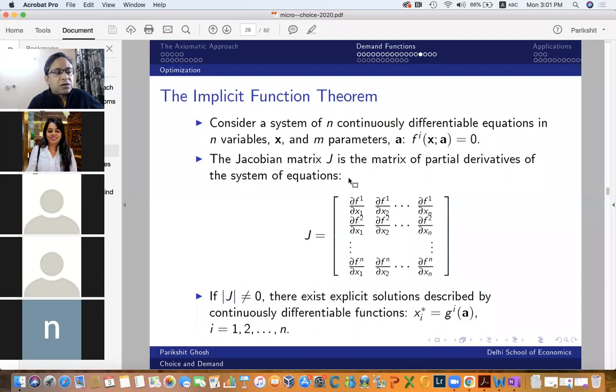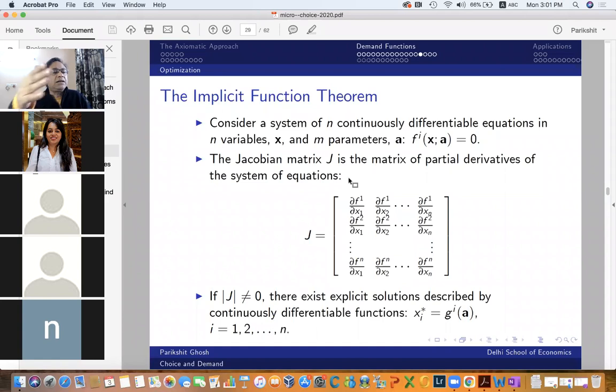Take the market model. Let's jump a level higher: there are n commodities, there's a vector of prices, and in the market for each good, in equilibrium, there has to be market clearance. Demand and supply have to be equal. That's the heart of classical price theory.